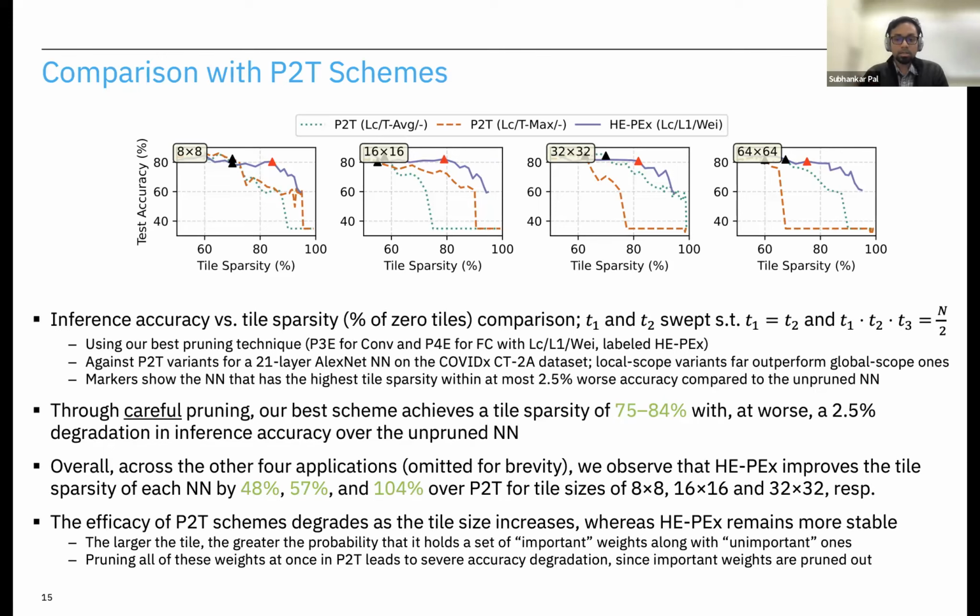And that's because, if you think about it, the larger the tiles, the higher the probability that the tile contains lots of important weights along with unimportant weights. And we are doing a blanket pruning on the entire tile, so it is going to wipe out some important weights along with the unimportant weights. Versus with our proposal, we are doing a much more fine-grained and careful pruning, so we are not going to compromise on accuracy that way. And that's where the benefits come from.